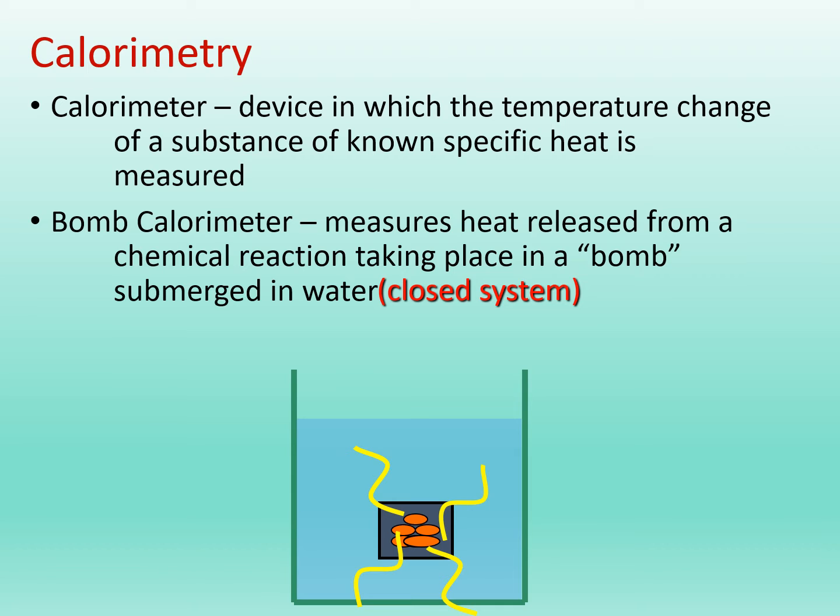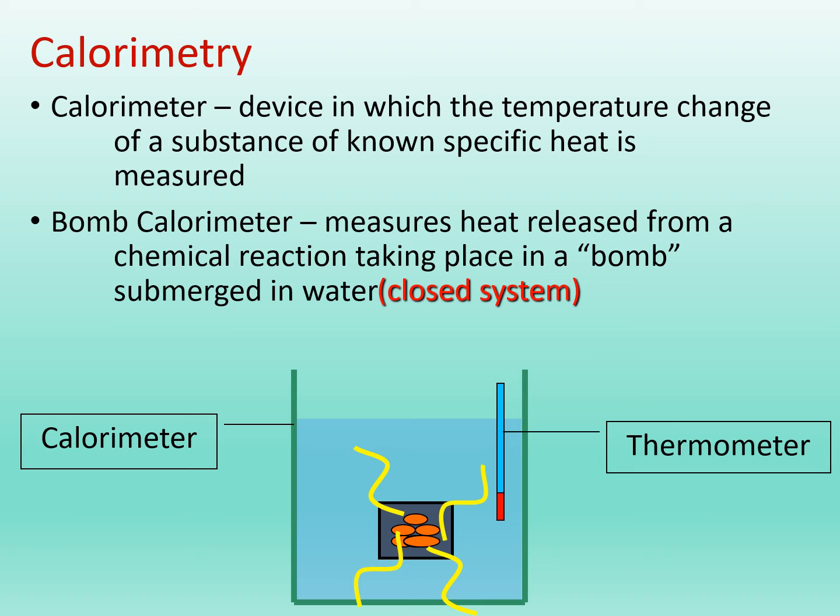Now, all calorimeters work pretty much the same way. They have pretty much the same parts. The calorimeter itself is just the container. It has a thermometer, something to measure the temperature, beginning temperature, ending temperature.